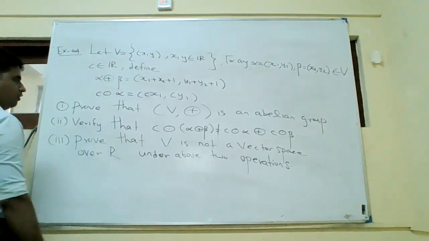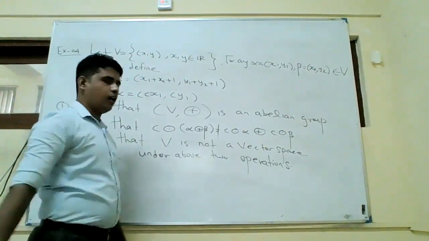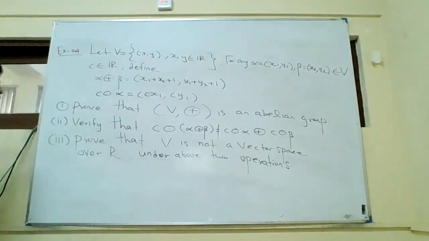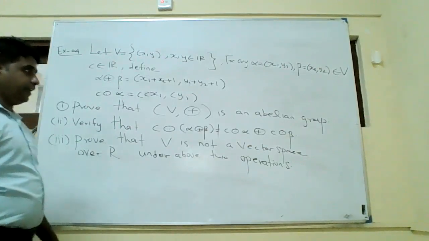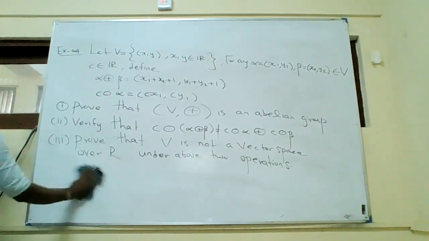To prove that addition is an abelian group, you want to check the five axioms. If the five axioms are satisfied, then we can say that this vector addition is an abelian group.